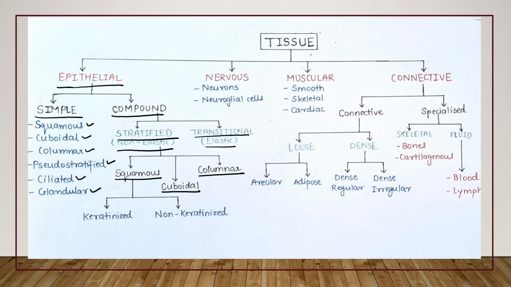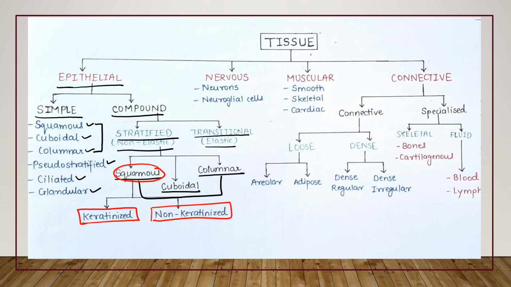Don't get confused between these three of simple epithelial tissue and these three from stratified compound epithelial tissue. Now again, this squamous stratified compound epithelial tissue is classified into two types. First is keratinized and second is non-keratinized.